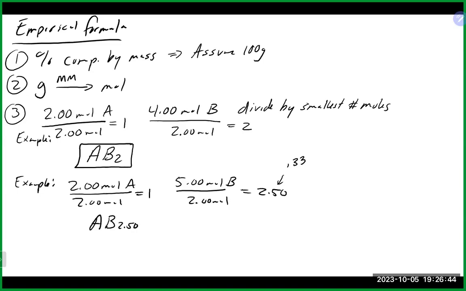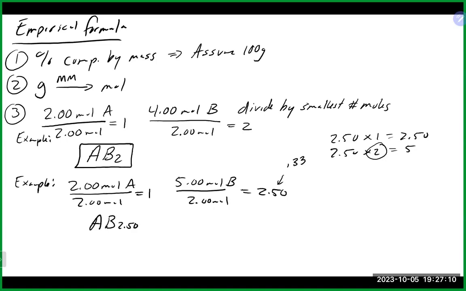So what you have to do in this situation is figure a number that you can multiply that one by that will turn it into a whole number. So you could just do a little trial and error. If you take 2.5 times 1, you still got 2.5. Say 2.5 times 2, that looks like a 5 in that case. So that 2 is the factor by which we want to multiply this empirical formula by.